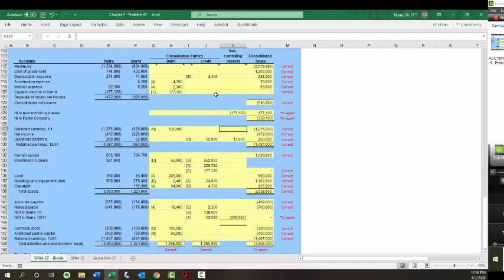I'm sorry, times 20%. And then the sum of that is 131,960, which becomes the non-controlling interest in Sierra, and everything is correct.